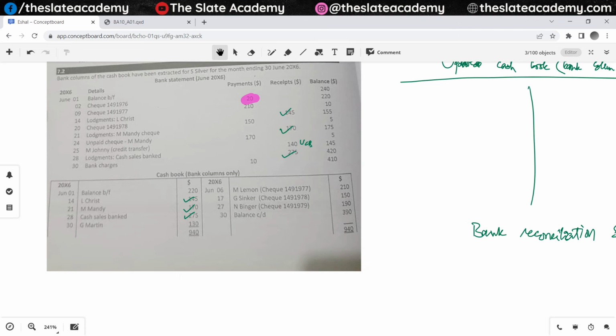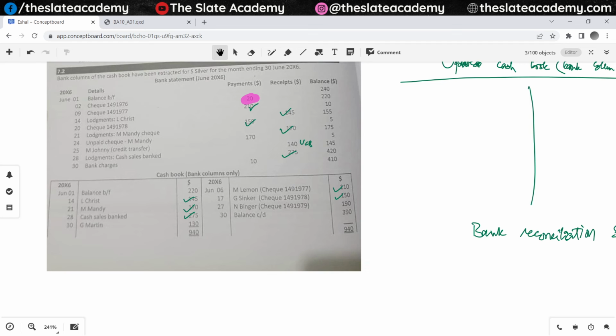Now for the payments, there is a payment of 210 in this month, check number 1977. So we pay check number 1977, and it appears in the bank statement as well. There is a payment of 150, check number 1978.